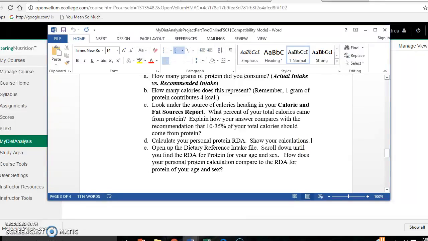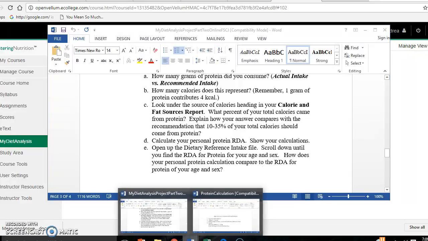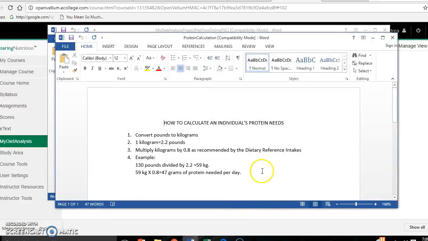Now, to answer this, there are two different places that you can go to help you calculate your personal protein needs. One place is the document that I told you to open up, which is the protein calculation document, and it shows you step by step how to calculate your individual protein needs.